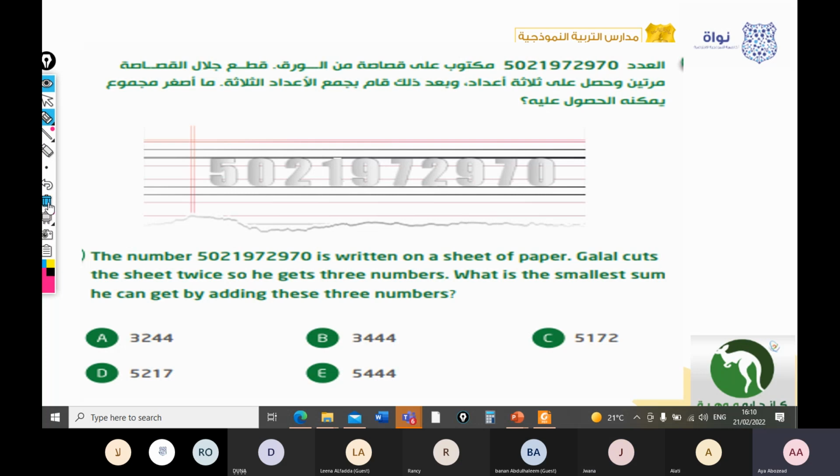Okay, Freda, between which two numbers you will cut? Freda, between which two numbers you think we will cut?